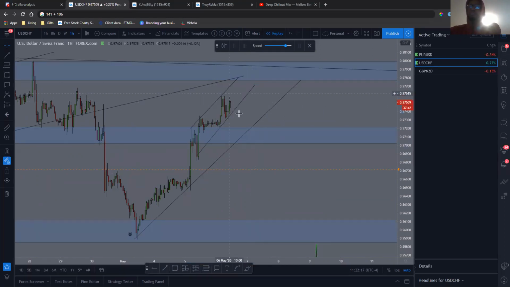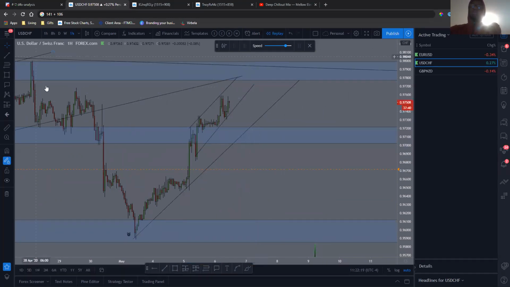So if price comes up to this zone, at the top of this ascending channel, I will take that high risk entry, set my stop loss above here, and then look for a short sell. I'm not going to be setting a huge stop loss with this.